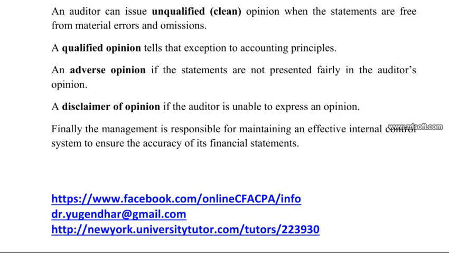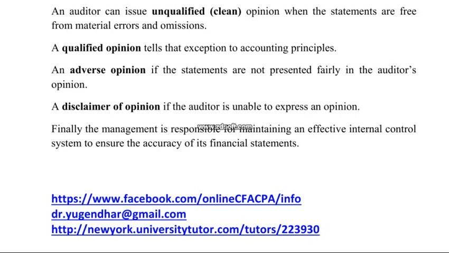An unqualified audit opinion states that the financial statements give a true and fair view and are fairly presented as per the applicable international and US accounting standards. It means there is no doubt about the financial statements; they are very clean. Then go ahead with the financial statement analysis.